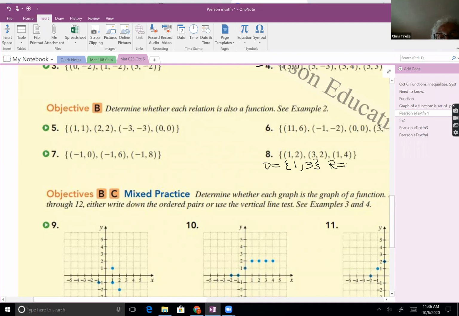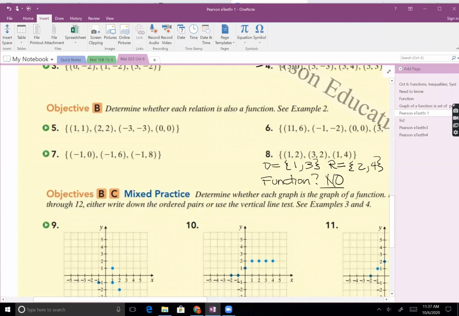The y values are 2 and 4. And when I look at this one, is this one a function? No. Why not? The x repeats. The x value.